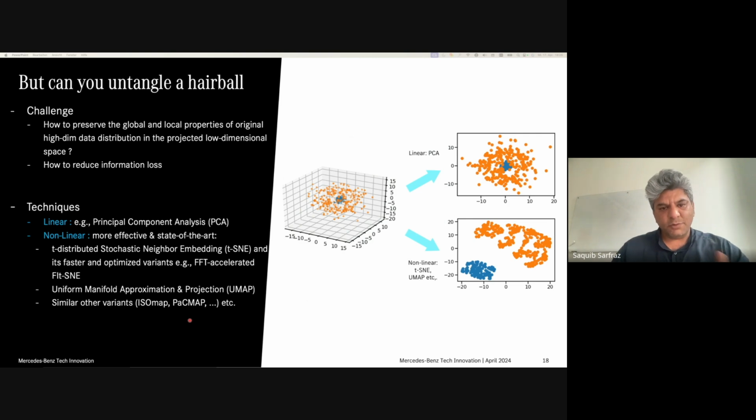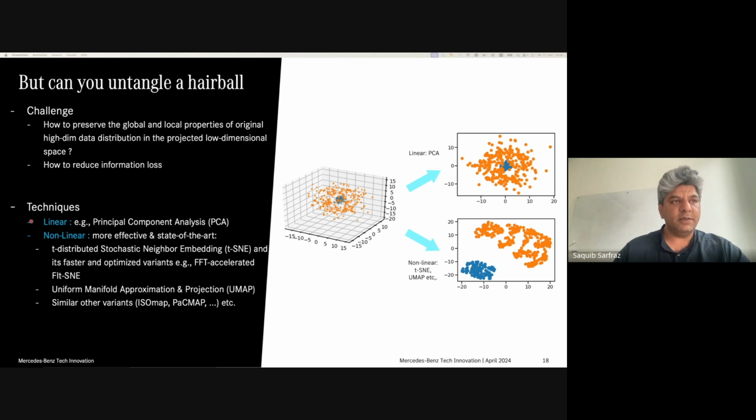I took this slide from somebody, and I don't remember which lecture I got it from, but it puts the point very nicely that if you have this kind of data which clearly requires nonlinear separation, then simple linear algorithms won't work there. So the challenge for any dimensionality reduction algorithm is to preserve the global and local properties of the original high-dimensional data distribution in the projected low-dimensional space, while also reducing information loss.